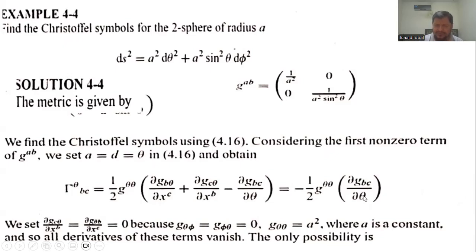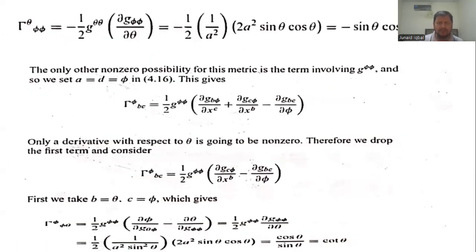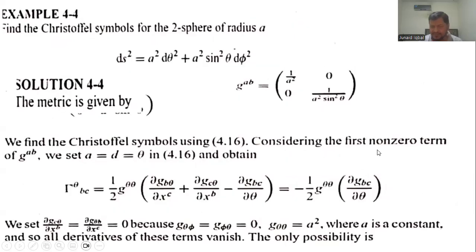So now we expand this result. Here, B and C must be equal to phi. If B is equal to theta and C is equal to phi, it will be 0. If B is equal to theta and C is equal to theta, it is also equal to 0.